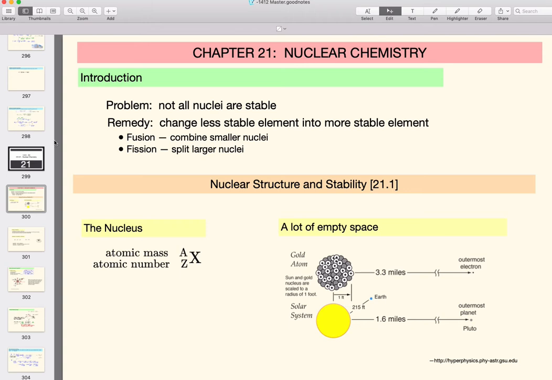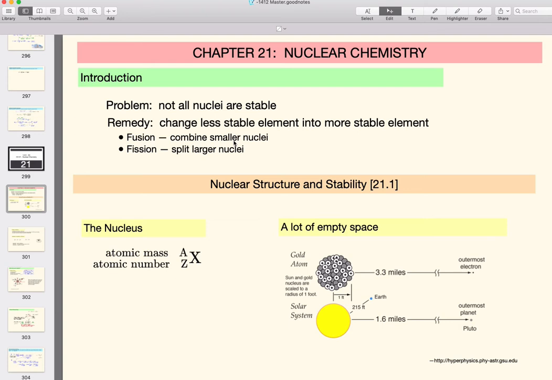Houston, we have a problem. Not all nuclei are stable. And we know that from things being radioactive. What's the remedy? How does Mother Nature handle nuclei that are not stable? Well, she does a couple of things. If there's a real big atom, then she might break it into pieces and make smaller atoms that are more stable.